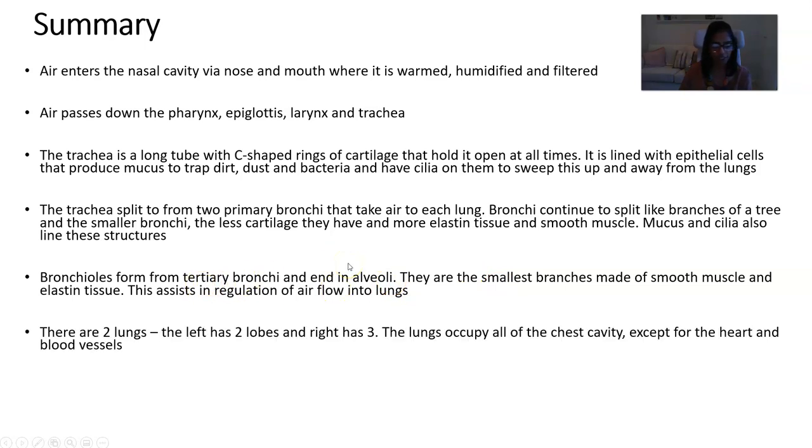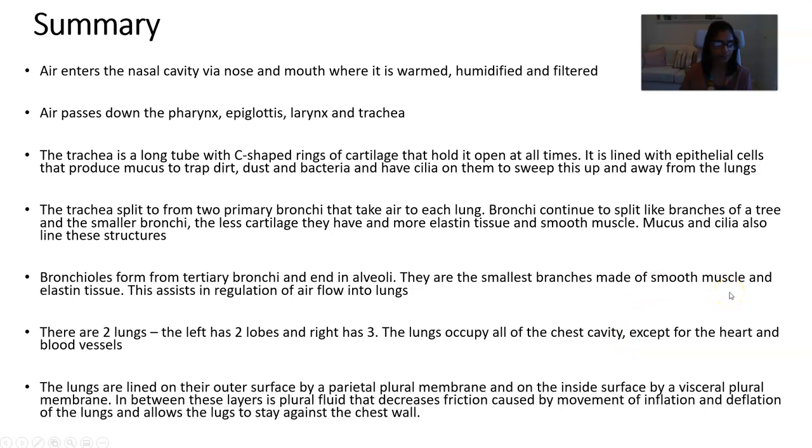So there are two lungs, and the left has 2 lobes, the right has 3 lobes. The reason for the difference is because the left has the heart occupying some of that space, and the lungs are really large organs, and they occupy all of that chest cavity except for where the heart and the blood vessels are.